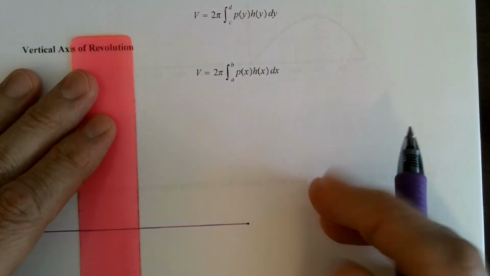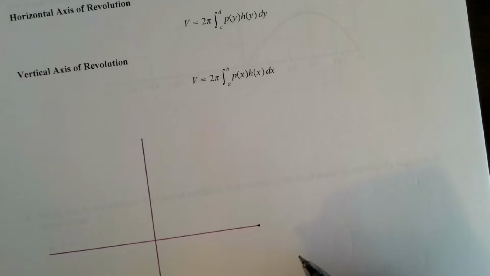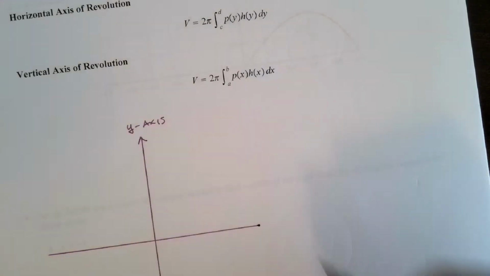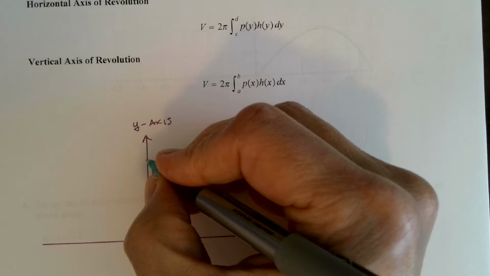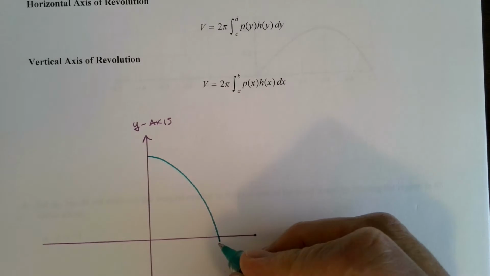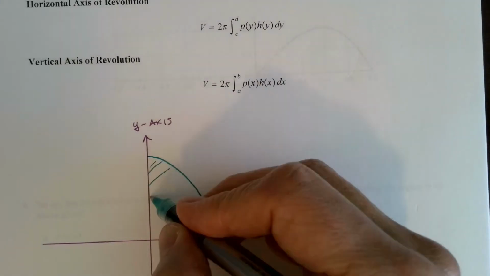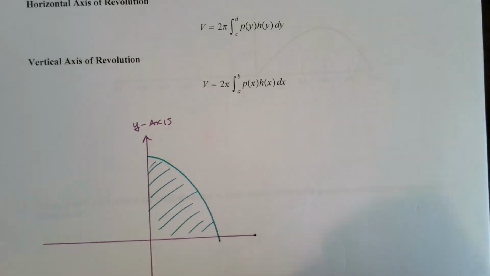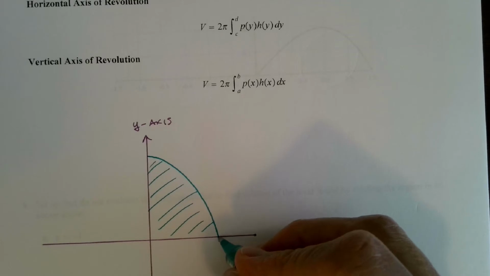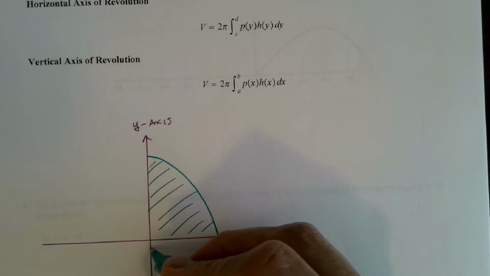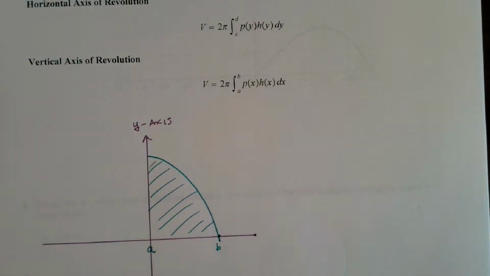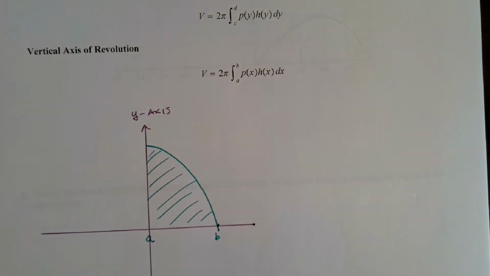We'll do the X and the Y axis here, and let this be the Y axis, and let me just have a region, and I'm going to have the curve look something like this, and we're going to take this region in the first quadrant, and let's just say we're going to go from A to B. We'll let A be 0 this time and B be this location. So A is 0, B is wherever this curve hits the x-axis.